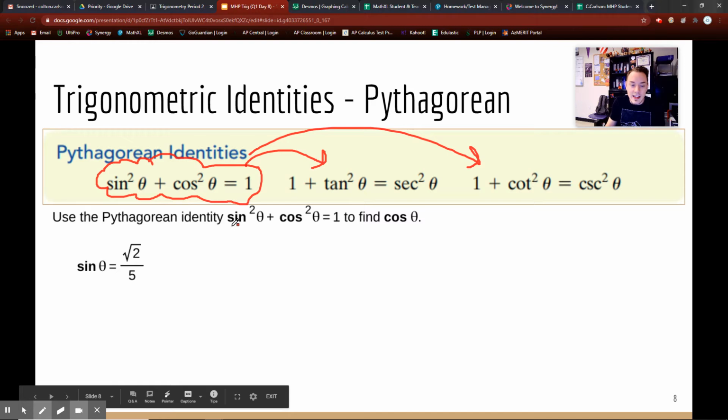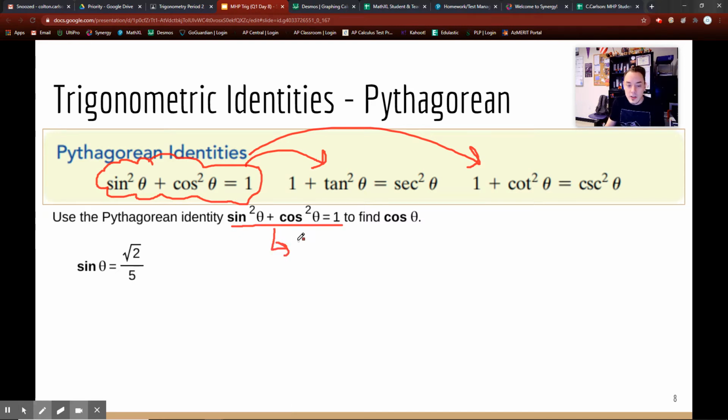We'll notice that they give us the actual Pythagorean identity. Now, also notice that the squared is right here with the sine. So sine squared theta plus cosine squared theta equals 1.